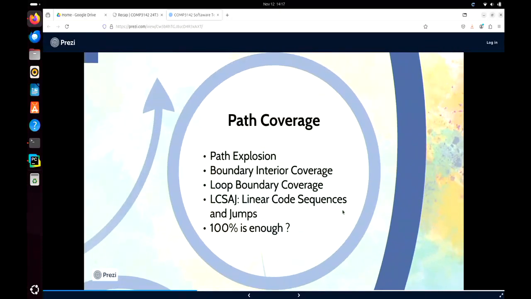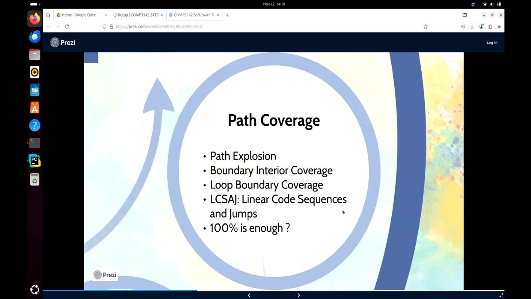So the last type of coverage we learned is path coverage. Path coverage does have the problem of path explosion. So when is there a path explosion? Normally, loops. Yes, loops. Whenever we have a loop, whenever we go around the loop for a new round, we will have a new path.